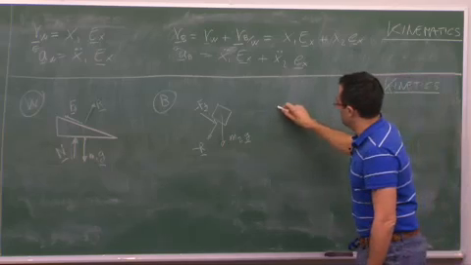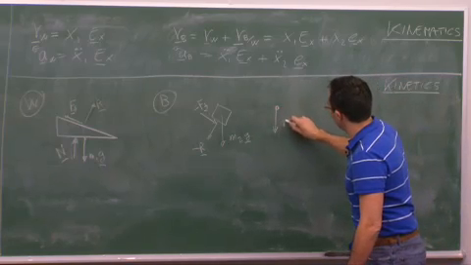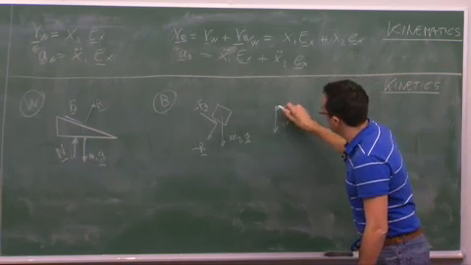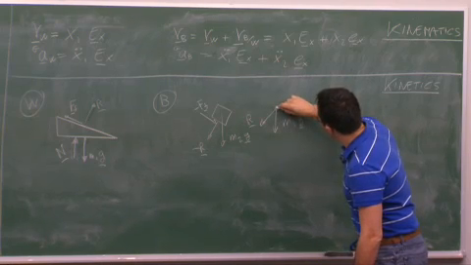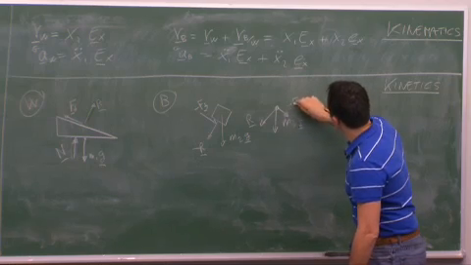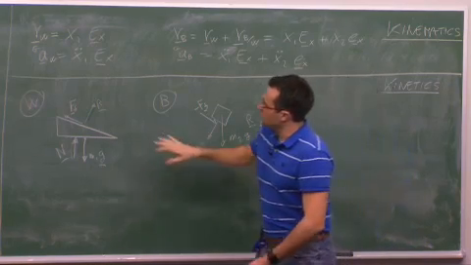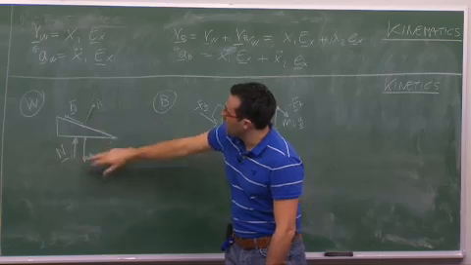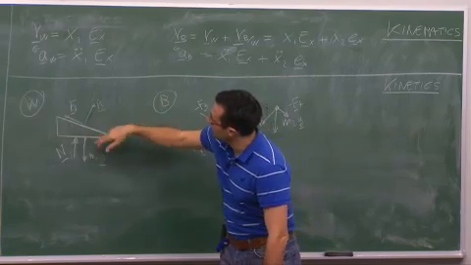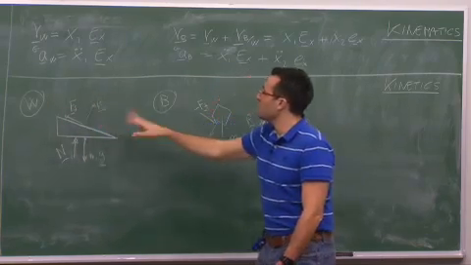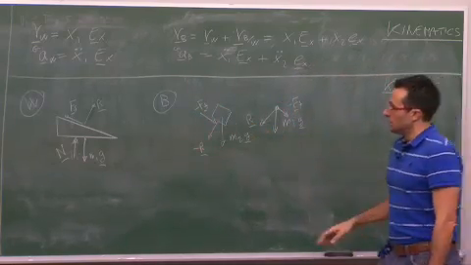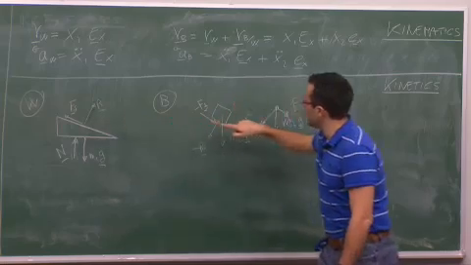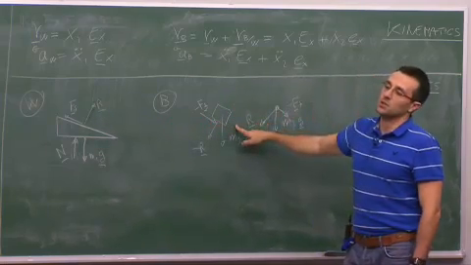I could redraw this and just do a single particle here with M2G, minus R this way, and minus F of friction this way. So you start with one free body diagram where you're free to draw your reactions and force of friction anywhere you want, in which direction you want, because you don't really know them. But once you do this drawing, then you're not as free on the second one.